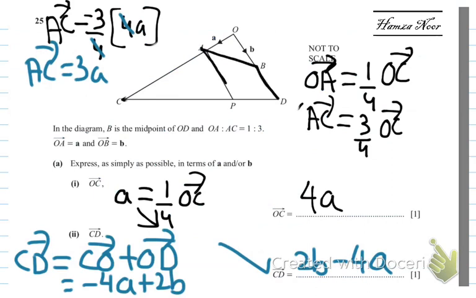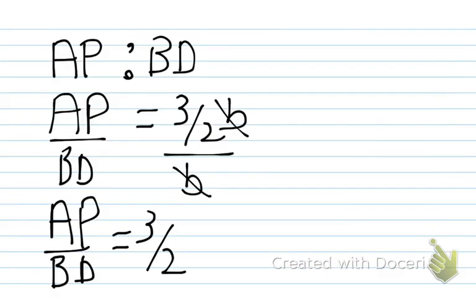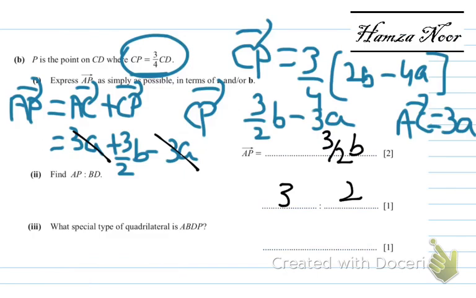ABDP. So this looks like a trapezium because AP and BD are two parallel sides, and you can see that this is the height of the trapezium. So all you need to do is just write a one word answer, trapezium.